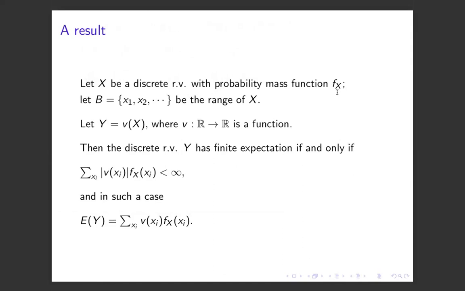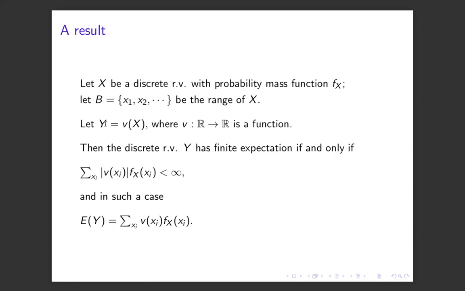Again, this kind of notation will be familiar to you. So let little b be a real valued function on the real line. Then it makes sense to talk about the composition b of X. We denote b(X) by capital Y.